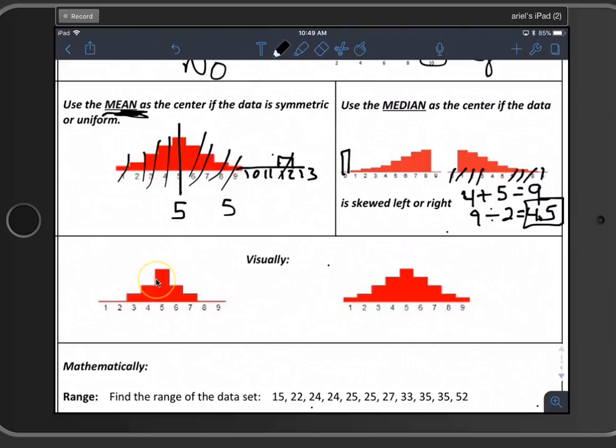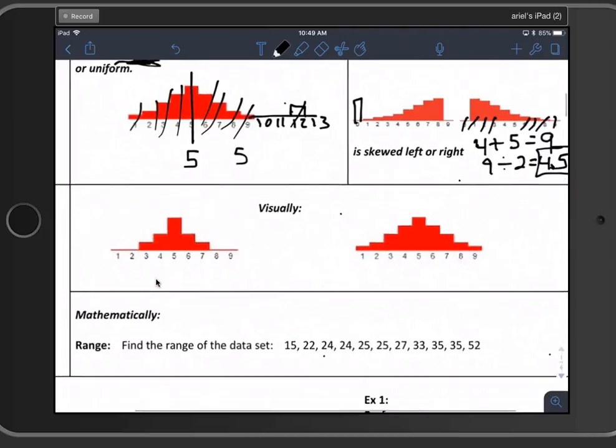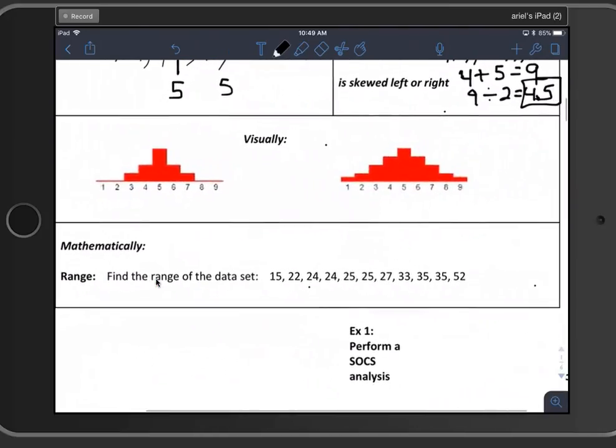And then visually, this is easy peasy. All we're going to ask you on the test is which one is spread more or less. So if you could pause the video and guess which one is spread more or less.